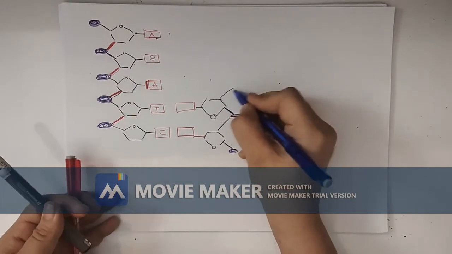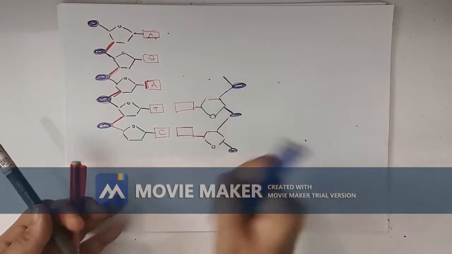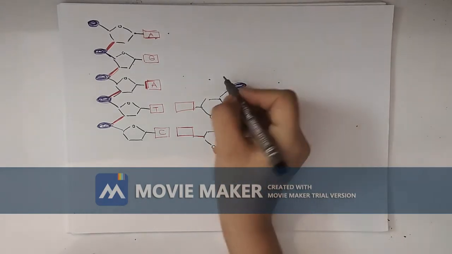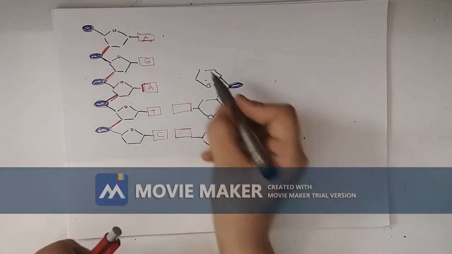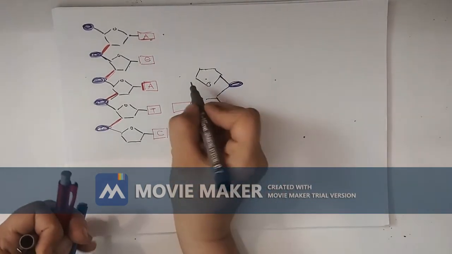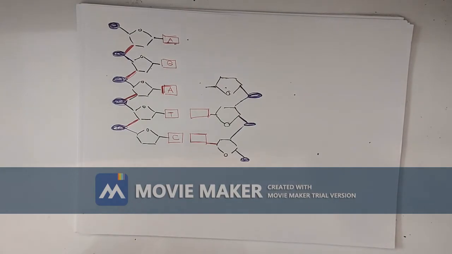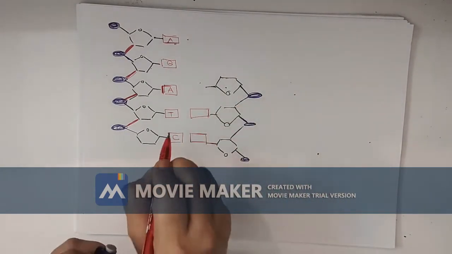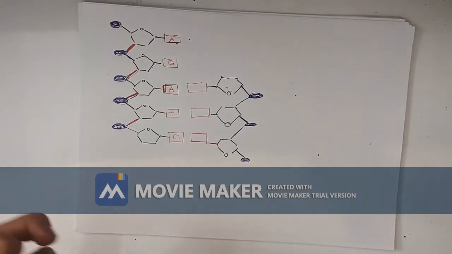Again, we have another phosphate group attached to a sugar molecule, and then this sugar molecule also is attached to a base. Again, this continues.